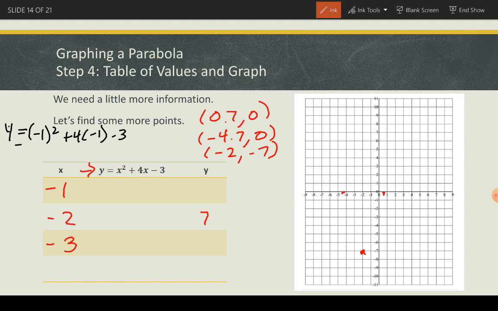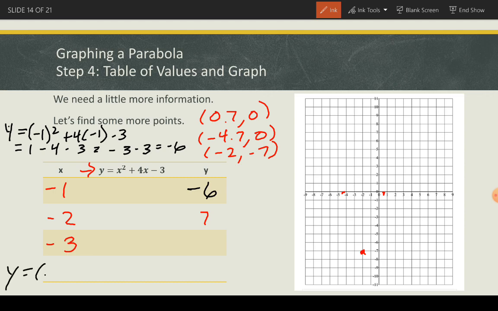And this simplifies to 1 minus 4 minus 3, which is equal to negative 3 minus 3, which is equal to negative 6. So the y value that corresponds to x equals negative 1 is negative 6. And then if we want to find the y value that goes with negative 3, let's plug that in.